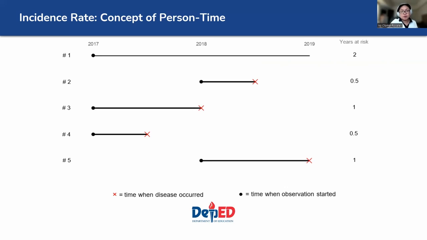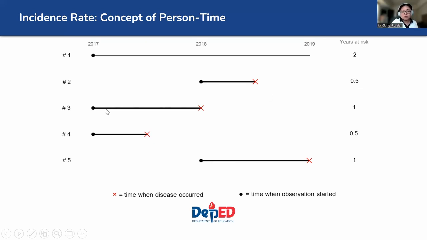Now, here's the concept of person time. Say, for example, you have student number 1 who was in school from 2017 to 2019. So this student was observed for 2 years. Whereas you have some students who were only in school for half a year, 1 semester, then that's only 0.5 years.